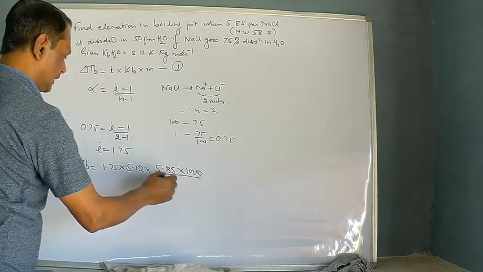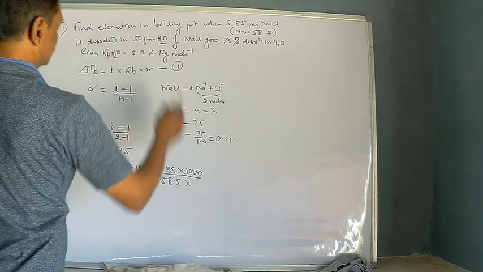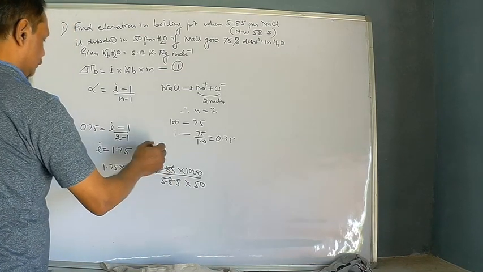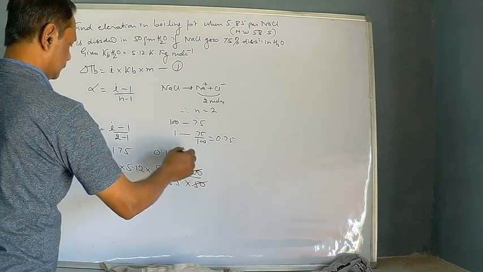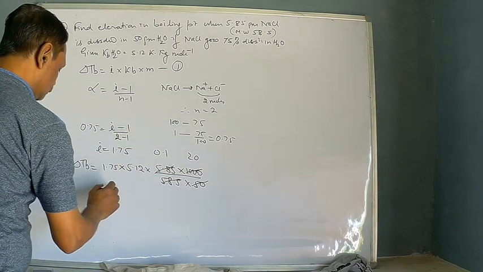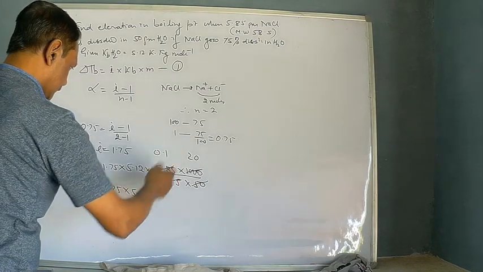Then divide by molecular mass 58.5, and then how many grams of solvent? 50 grams. Solve it. Here you get 0.1, 20 multiplied by 0.1 gives you simply 2. 1.75 multiplied by 5.12 multiplied by 2.